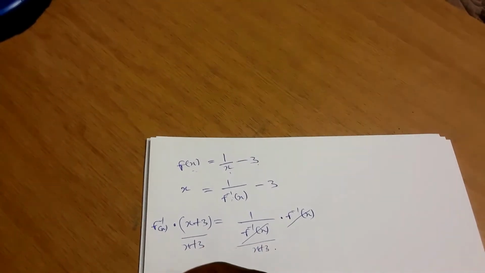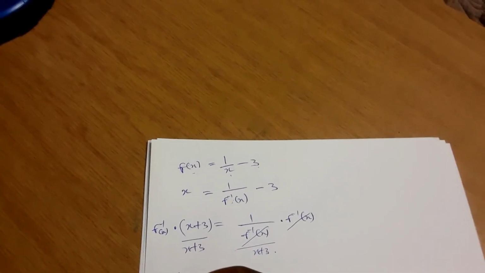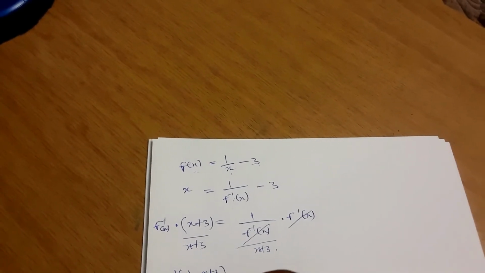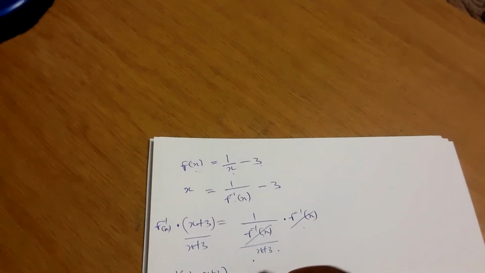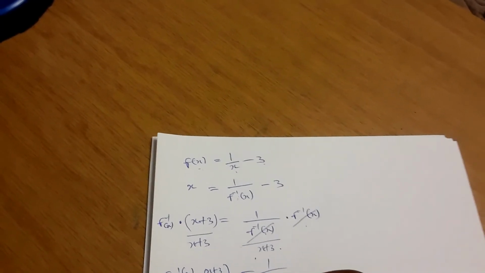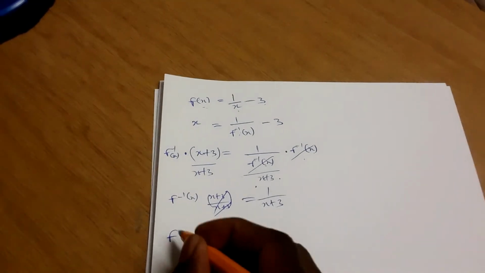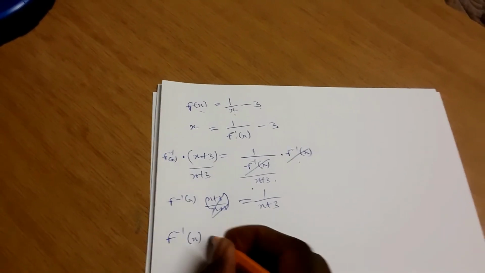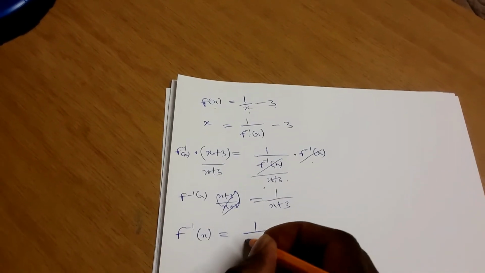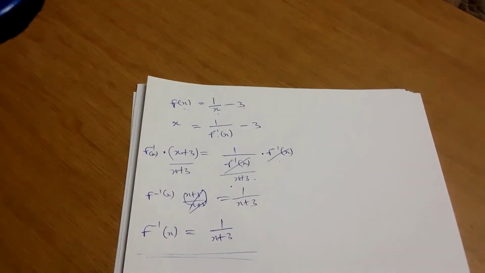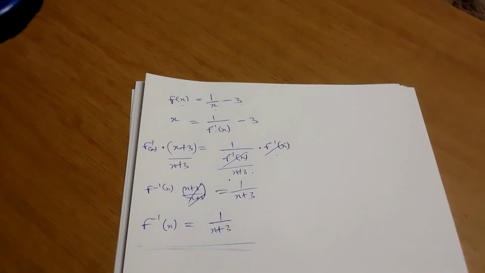So this becomes the inverse of f of x times x plus 3 divided by x plus 3. Since this cancels out, we have 1 over x plus 3. Then you have the inverse of f of x is equal to 1 over x plus 3. Having done that, you have found the inverse of your function.